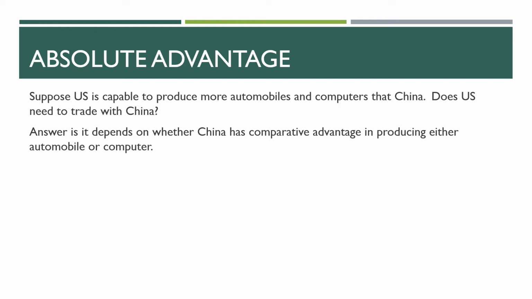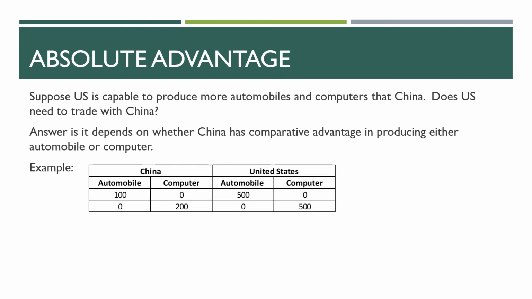If the United States has all these advanced technologies to produce more automobiles and computers than China can, should the United States ever trade with China on these products? And the answer, of course, depends mainly on what we call comparative advantage.